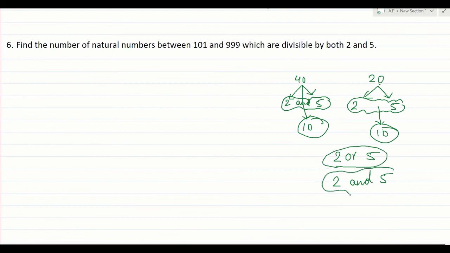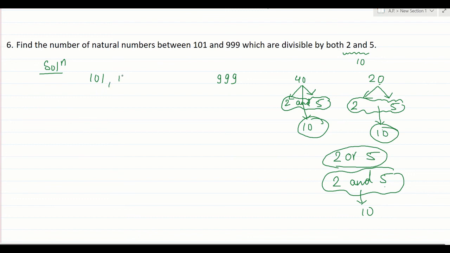In our question, it is 2 and 5. So a number which is divisible by both 2 and 5 is also divisible by 10. Okay. So let's go to our question. Solution. We have to find natural numbers between 101 and 999, which are both divisible by 2 and 5. Means indirectly, which are both divisible by 10. Isn't this?